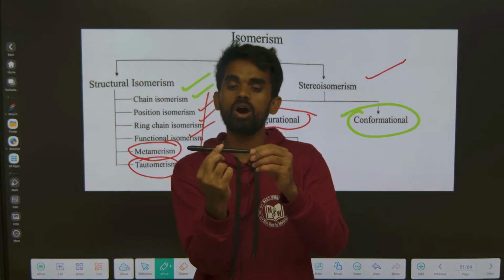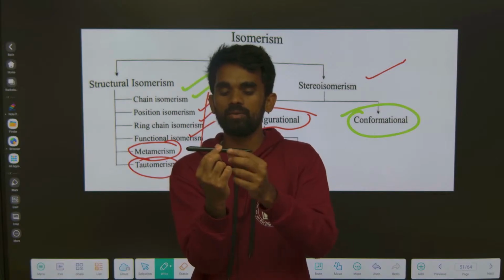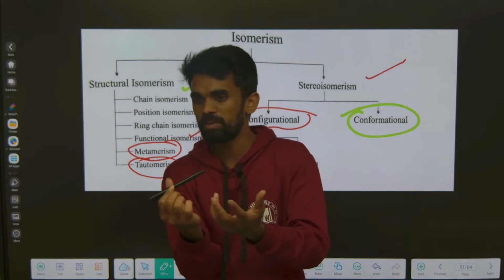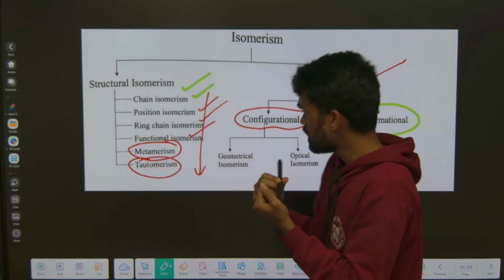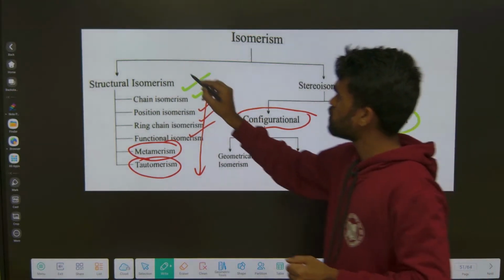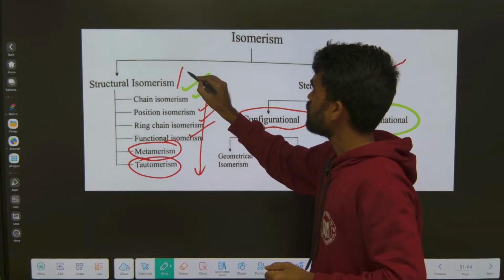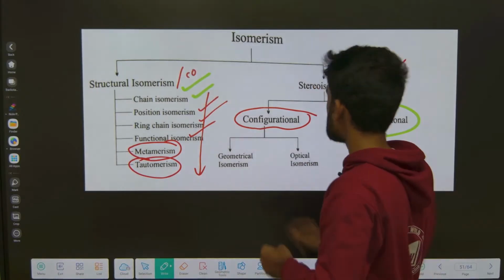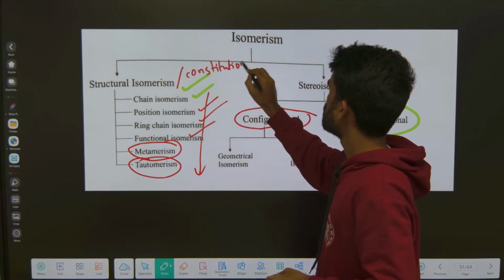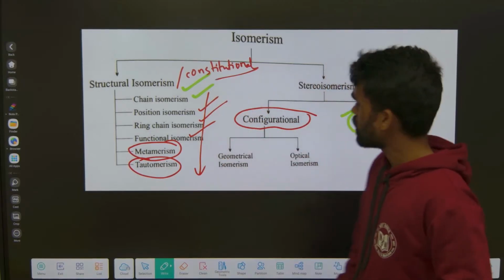Those new poses formed by rotation of this C-C sigma bond are considered conformations of that molecule. We will discuss it clearly. Next, structural isomers are also called constitutional isomers.